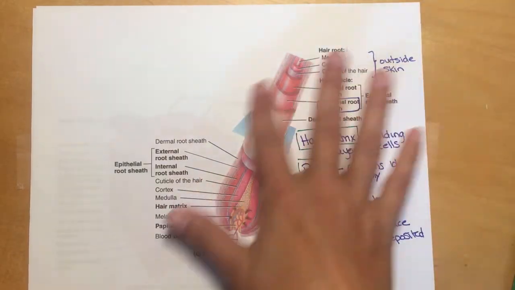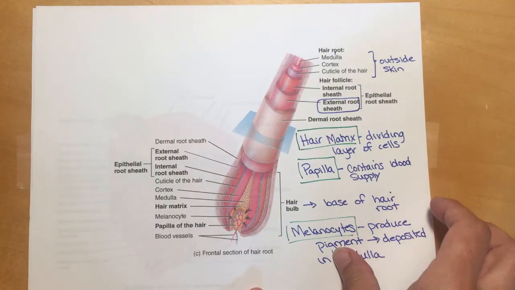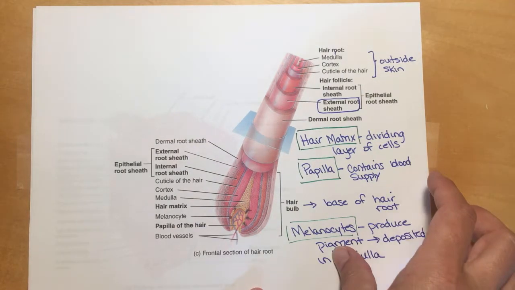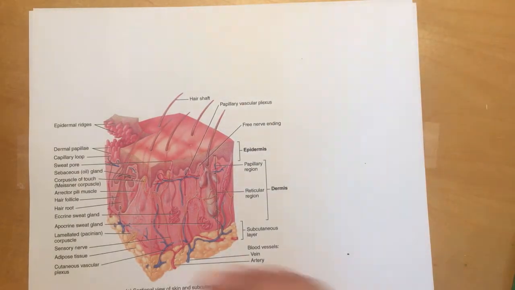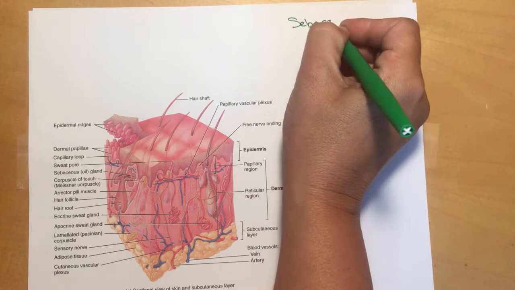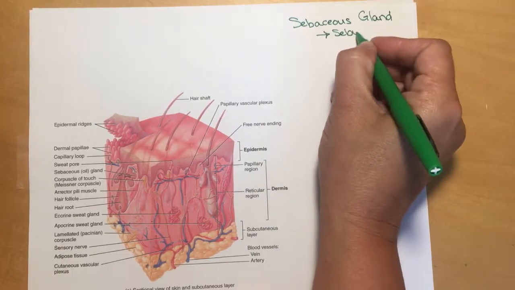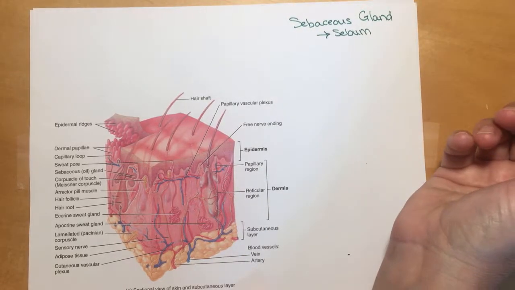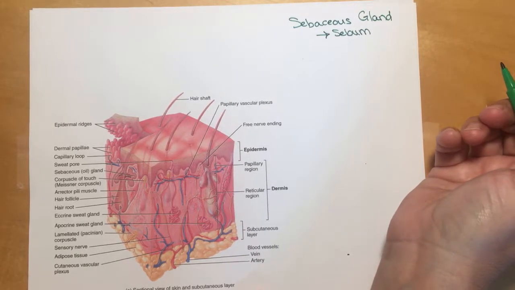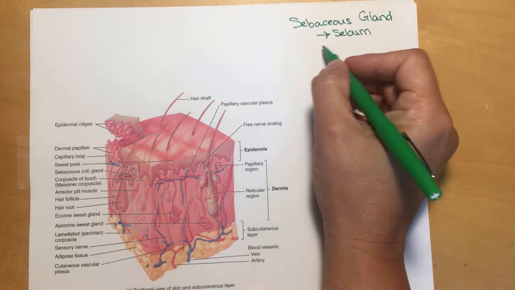Now, this hair system, the hair root and the hair follicle, are associated with some glands. So the first one is going to be a sebaceous gland. Sebaceous glands secrete sebum, which is secreted out into the neck of the hair follicle.